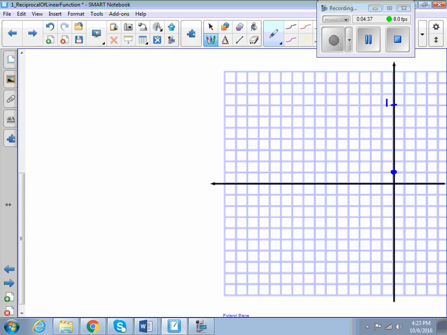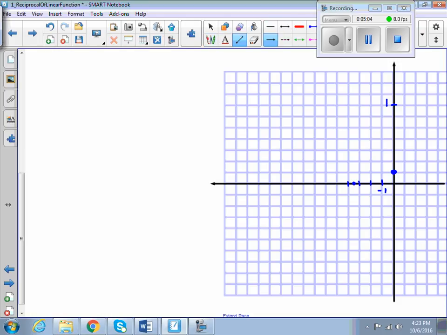For my x scale, I can use 1 square as 1 unit. So I have negative 1, negative 2, negative 3, that's negative 4. My vertical asymptote is at negative 7 over 2, which is negative 3.5, essentially.